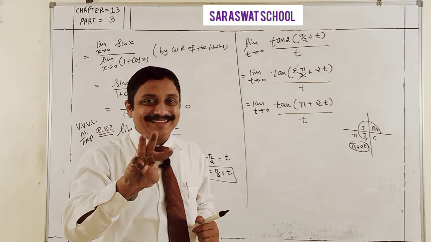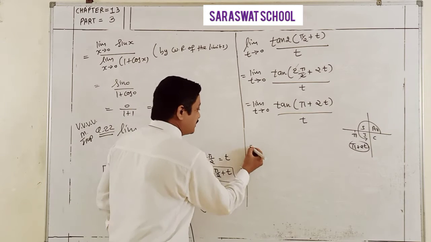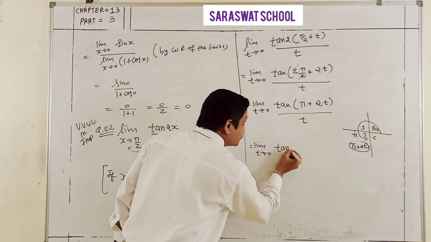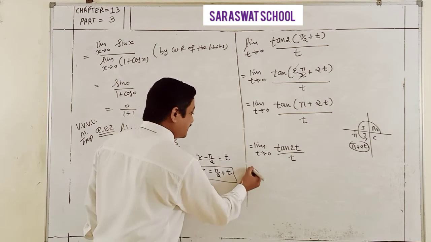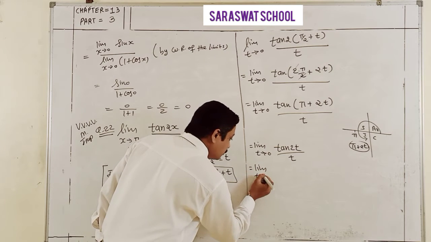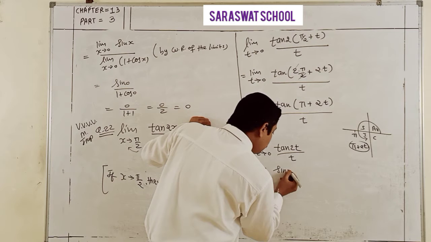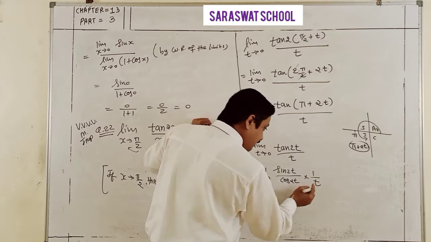And in the third quadrant tan is positive. So your answer is limit t tends to 0 of tan 2t by t. Again translate into sine and cos, taking it positive because in the third quadrant it is sin 2t below, cos 2t, and t separate.